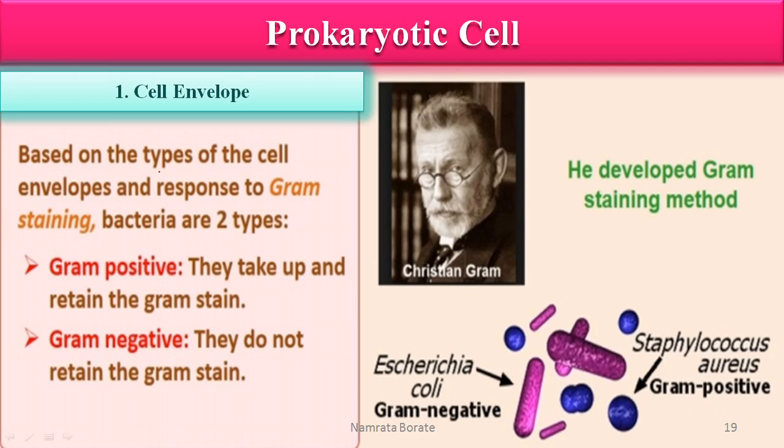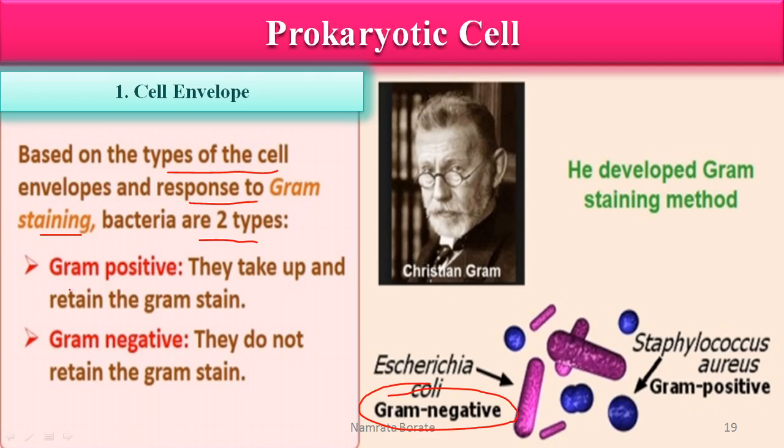Based on the type of cell envelope and response to Gram staining, bacteria are of two types. These two types were first discovered by Christian Gram in 1884. The first is Gram positive bacteria, and the second is Gram negative bacteria.